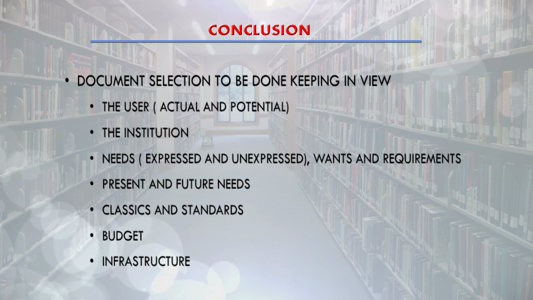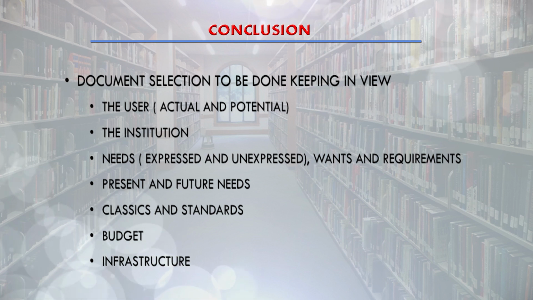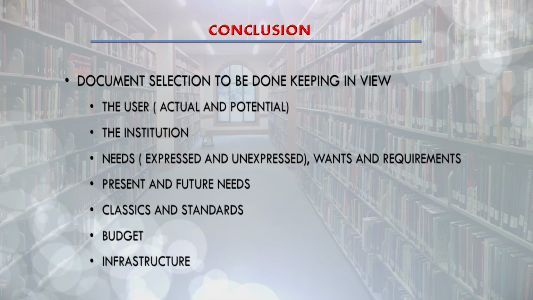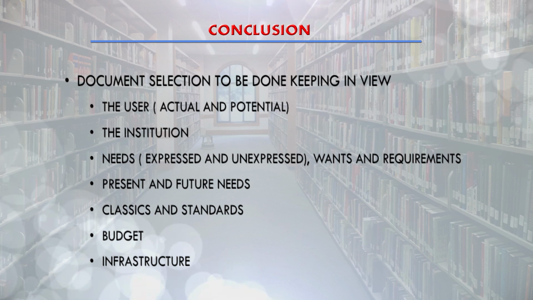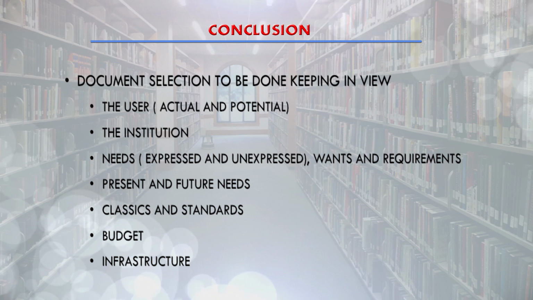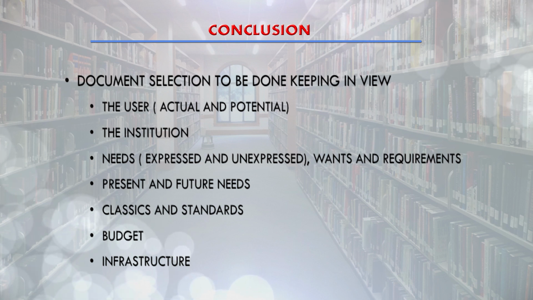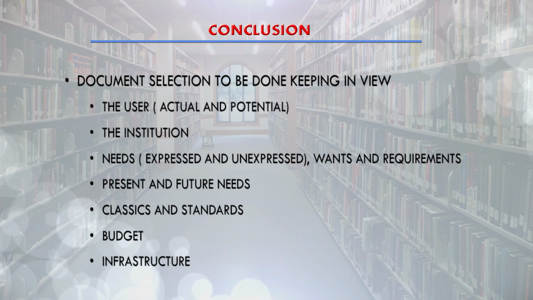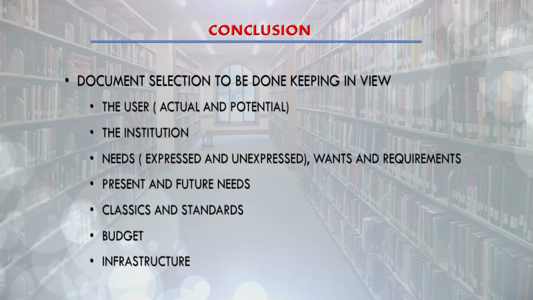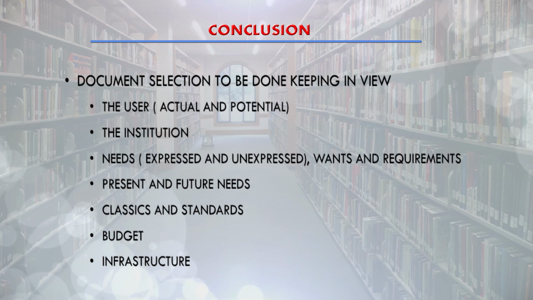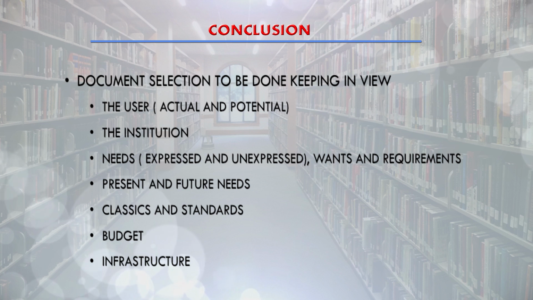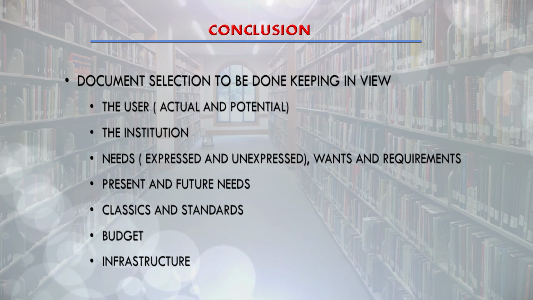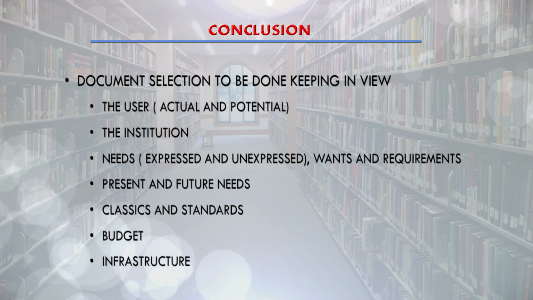Budget is a constraint, therefore, we should properly allocate the budget, and that is really a very important valid point to be considered, because we should not fall short of budget, and at the same time we should not see that some very important requirements of the users are not met. Infrastructure is also important, whether it is physical infrastructure or human infrastructure, because whatever we acquire has to be made available for our users.